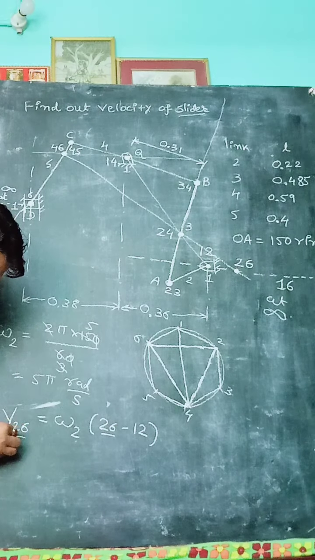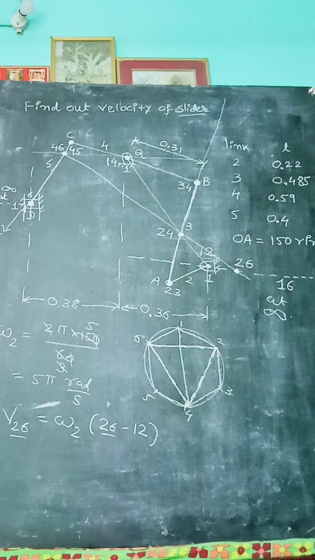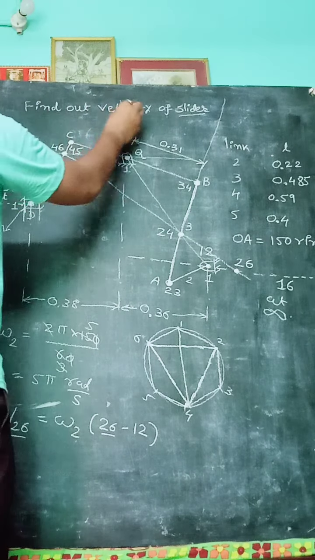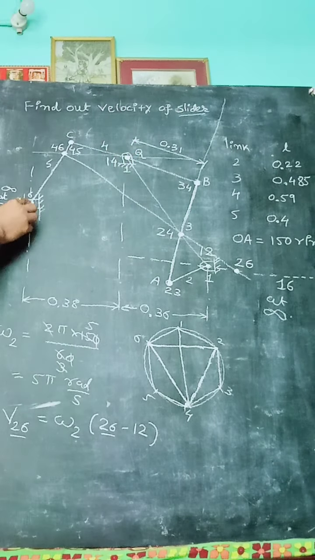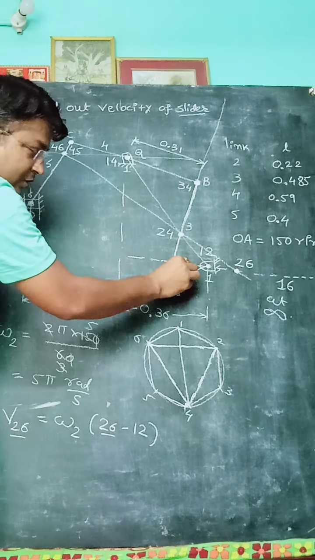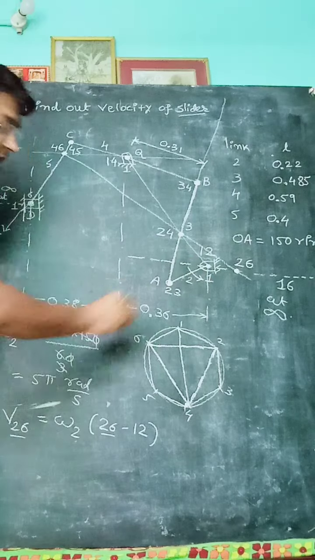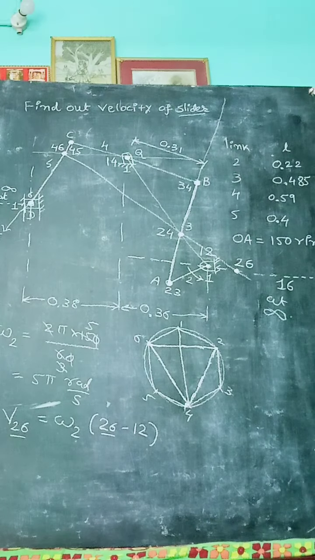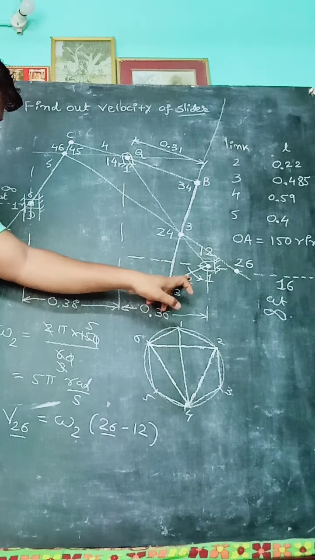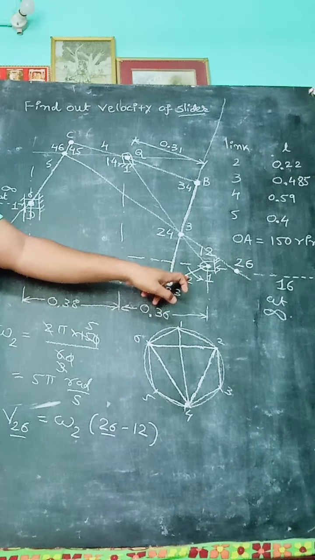We need the velocity of the slider, which is link 6, but as we have the angular velocity for link number 2, that means the slider with respect to the angular velocity of link number 2.